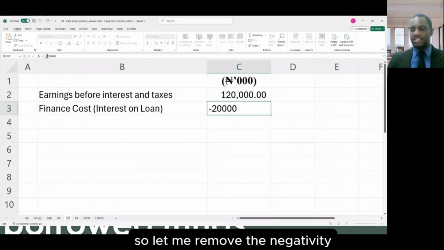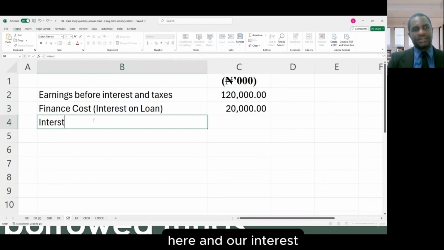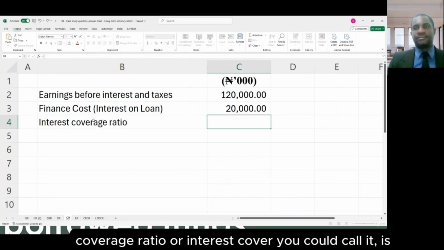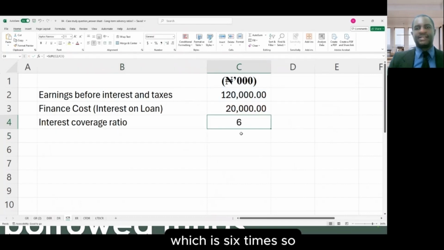So let me remove the negativity here, and our interest coverage ratio, or interest cover, we could call it, is our earnings before interest and taxes divided by our interest on the loan or finance cost, which is 6 times.